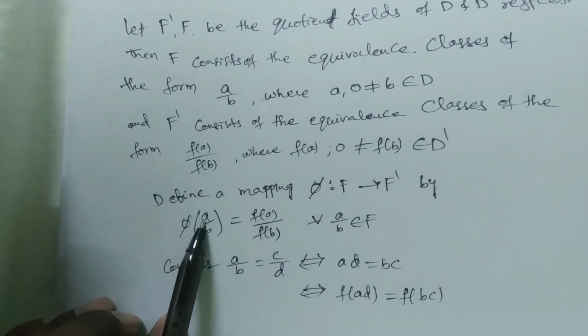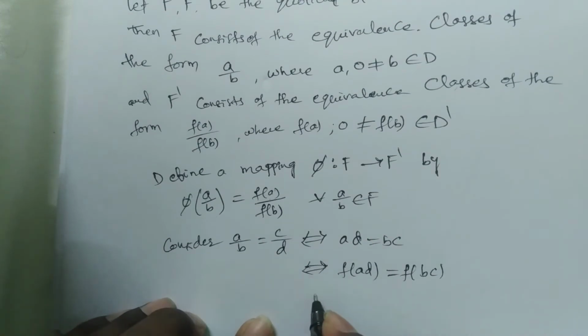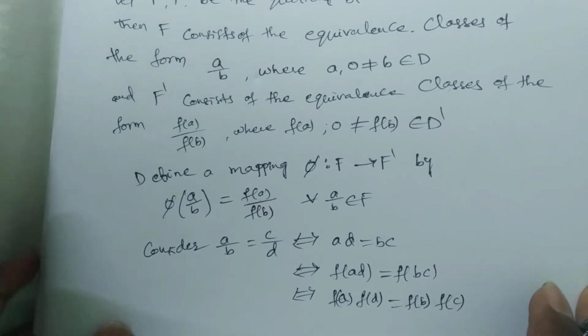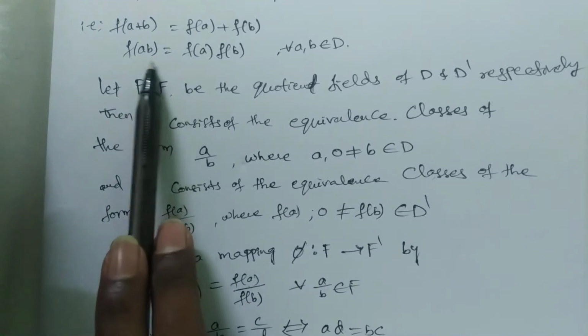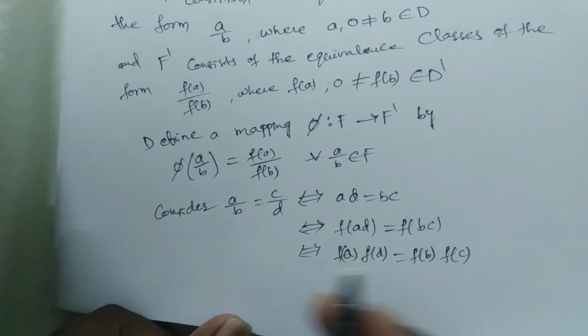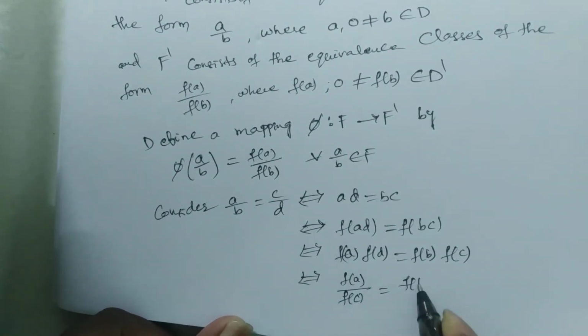That implies f of a into f of d equals f of b into f of c. Cross multiplying, f of a by f of b equals f of c by f of d.